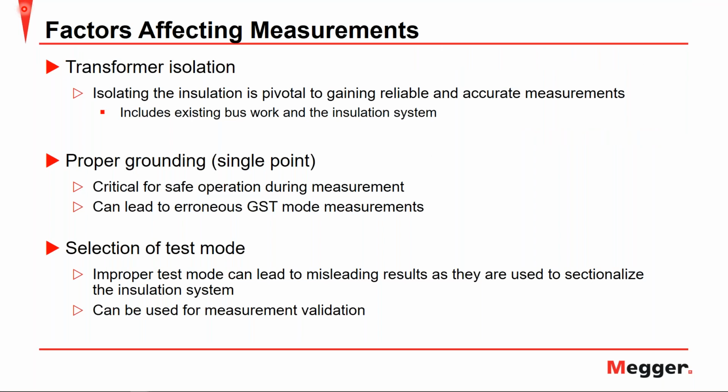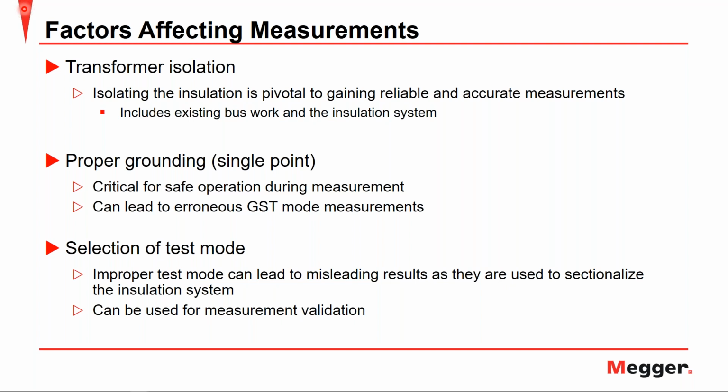It's pivotal to isolate the insulation in order to gain reliable and accurate measurements. This includes not only isolating the insulation system, as we saw with the different test modes, but also isolating the transformer from existing buswork so as not to cause any parallel capacitance that may influence your measurement.